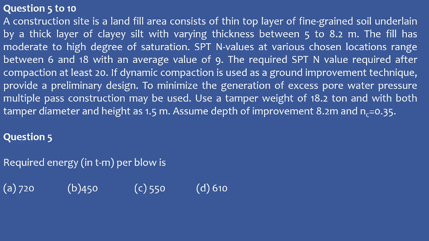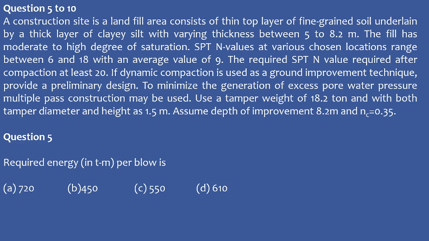To minimize the generation of excess pore water pressure, we are using multiple pass construction. The tamper weight given is 18.2 ton, the diameter of the tamper is 1.5 meter, and the depth of improvement, the depth up to which we want to improve the soil, is 8.2 meter.